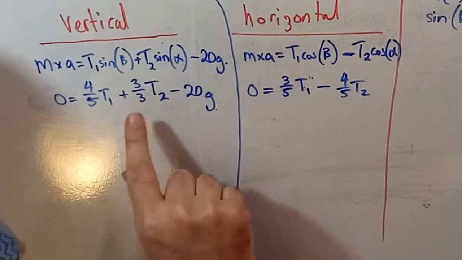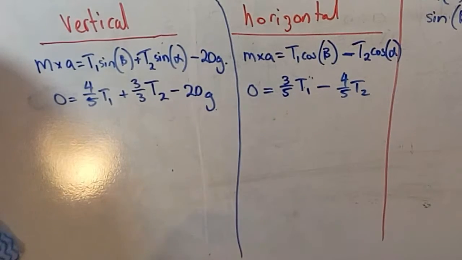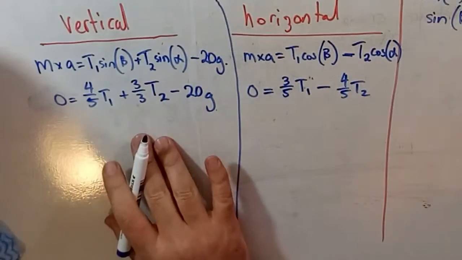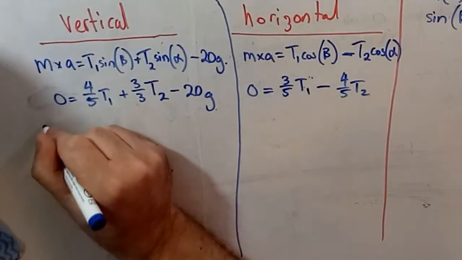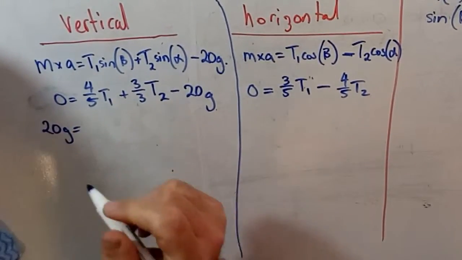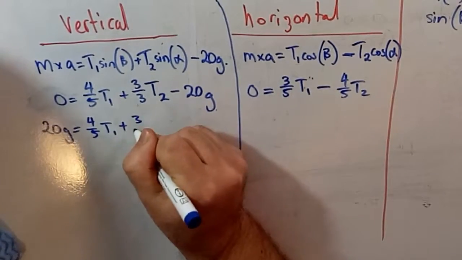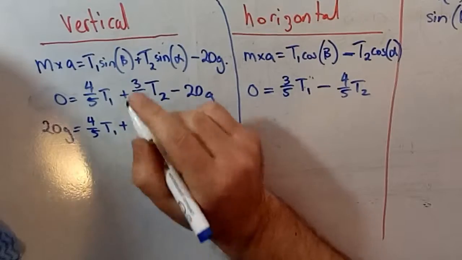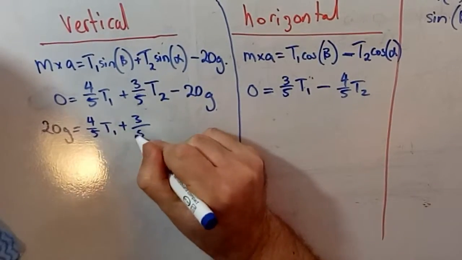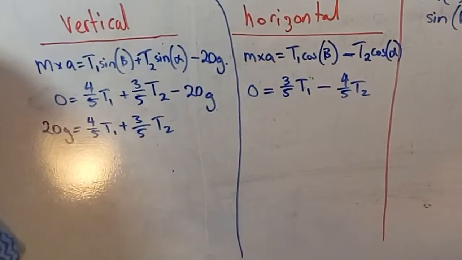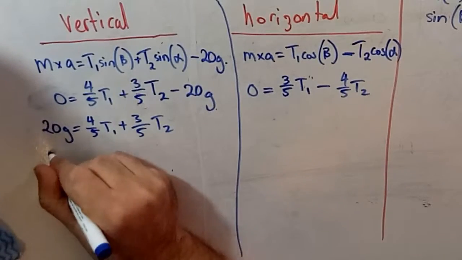So then I can just solve these two simultaneously. I've got two unknowns, T1 and T2. I can put it straight into the calculator if I've got one. If I don't, I can rearrange some of these things. Oh, that's supposed to be 3/5 T2. I just can't write sometimes. Okay, times both sides by 5.